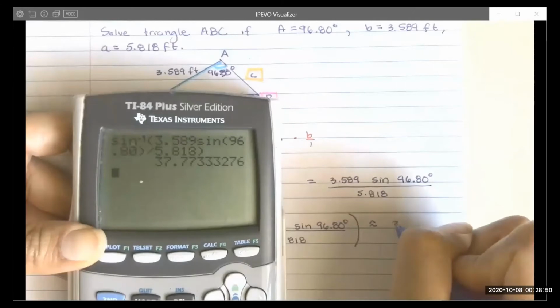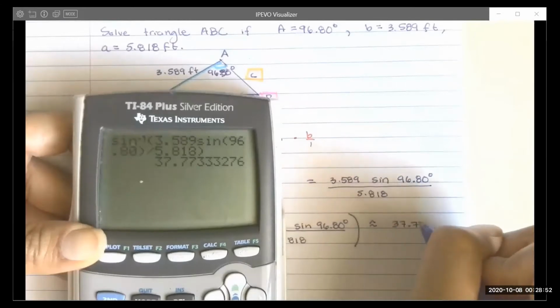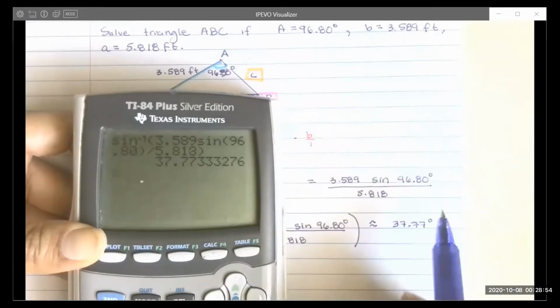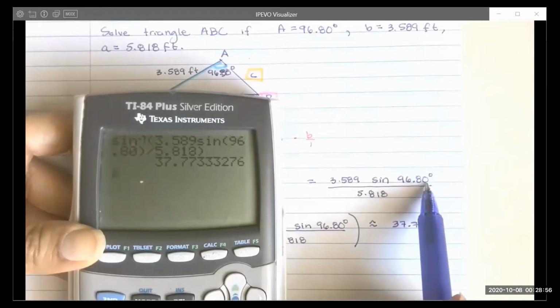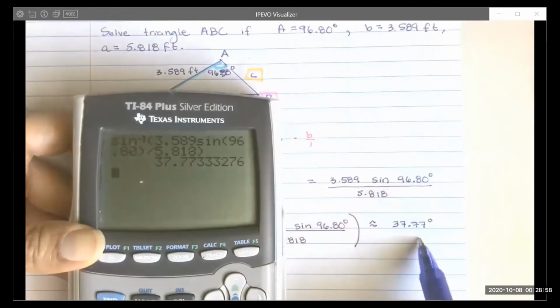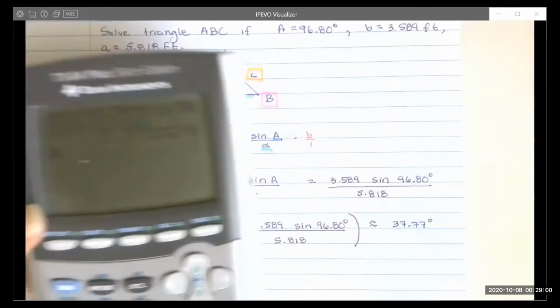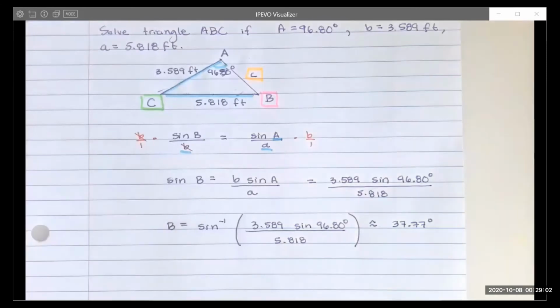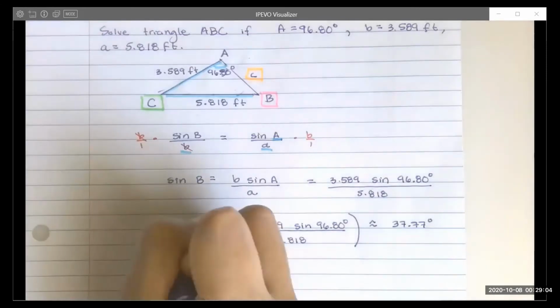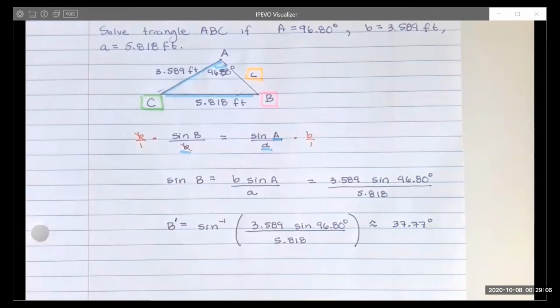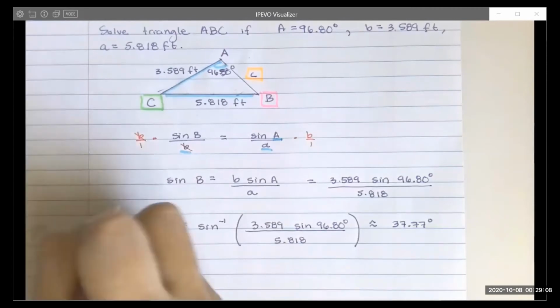I'm rounding to the nearest hundredth of a degree because they gave us two decimal places, so I'm going to use two decimal places. Now what's important to remember here is that this is the reference angle. The calculator is returning to us the reference angle.